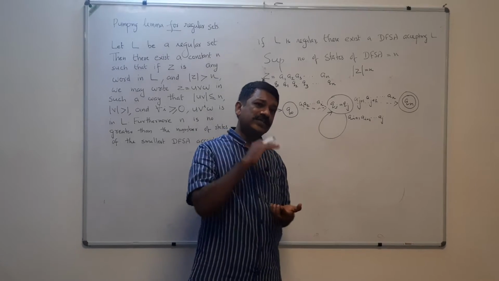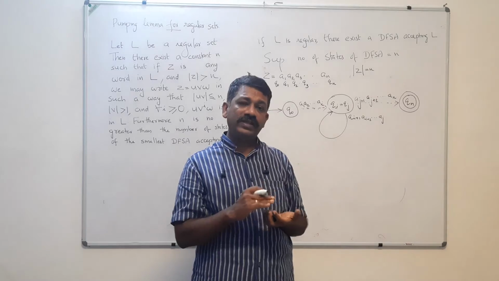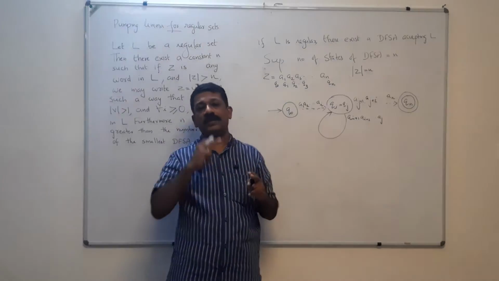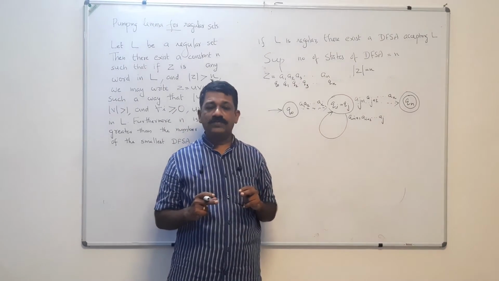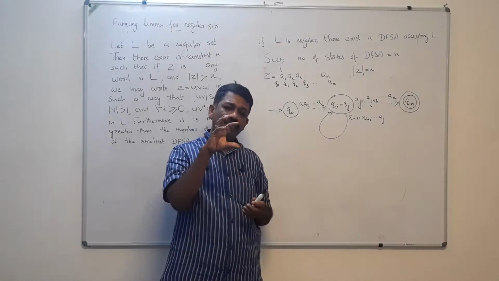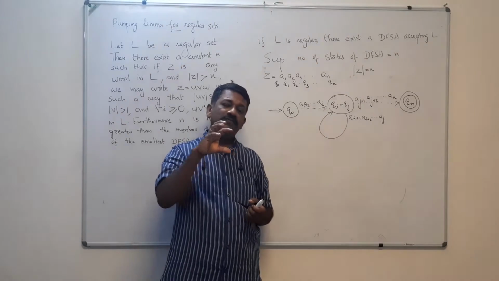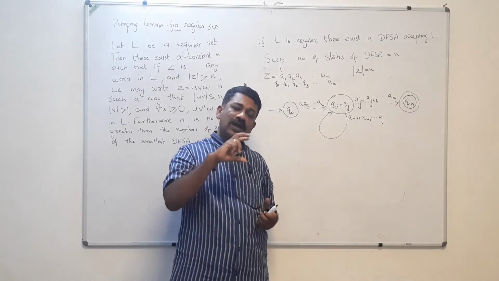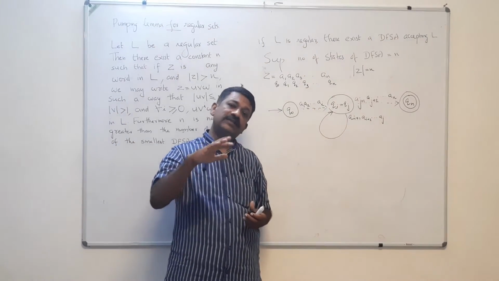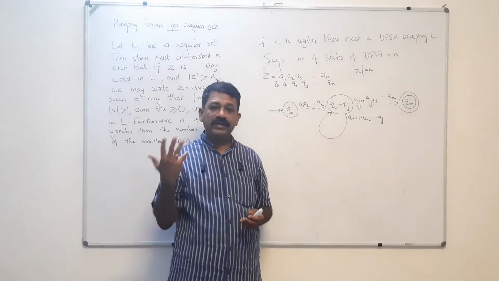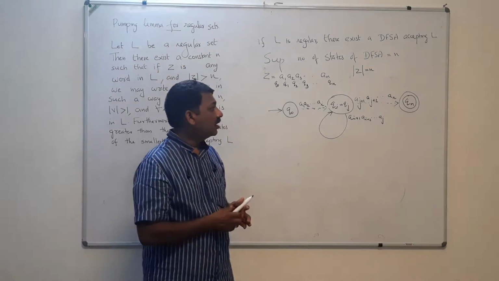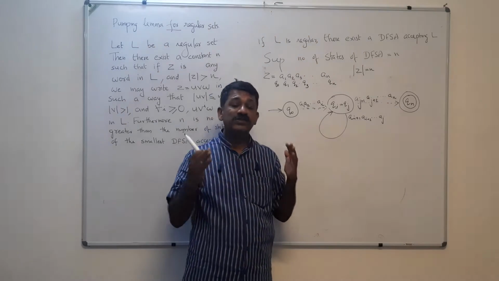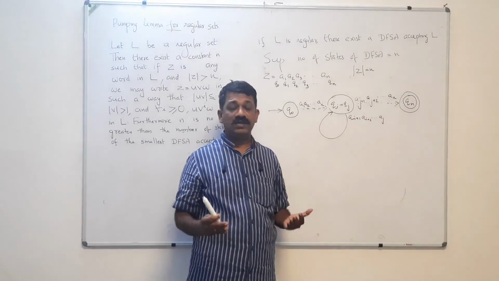If it has to accept a string of length greater than n, some states have to be repeated again and again. That's the point. That means if you have a finite automaton which is having n number of states, and you have a string whose length is greater than or equal to n, then there should be some repetition of states.